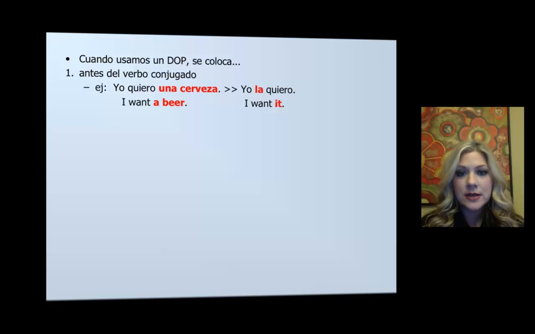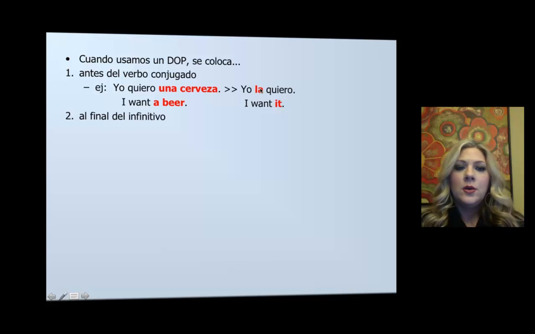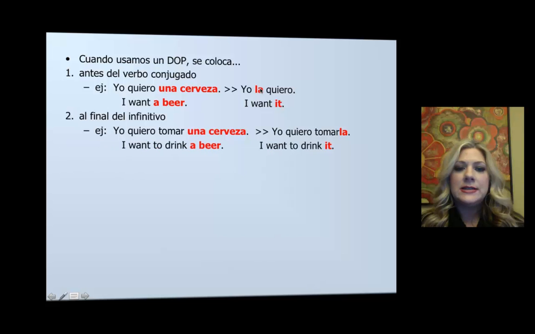We replace una cerveza with la, and it goes before the conjugated verb. When we have two verbs in a sentence, one is conjugated and one is the infinitive form. Remember that infinitive just means A-R, E-R, I-R. When we have an infinitive, we can attach the direct object pronoun to the end of the infinitive. Yo quiero tomarla.